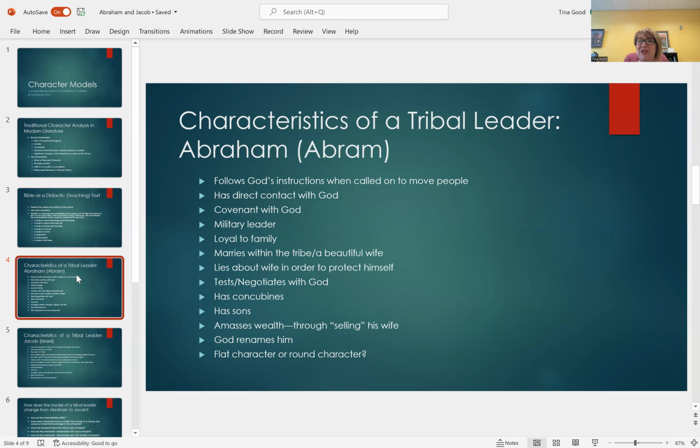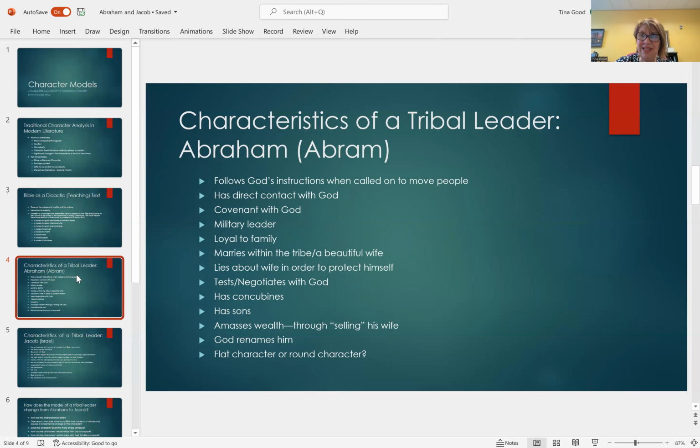Significantly, though, he negotiates with God. And this happens particularly when God and the angels come to his tent, and they are there to go and destroy Sodom and Gomorrah. And Abraham, for some reason, says, God, listen, what if there are 50 good people?